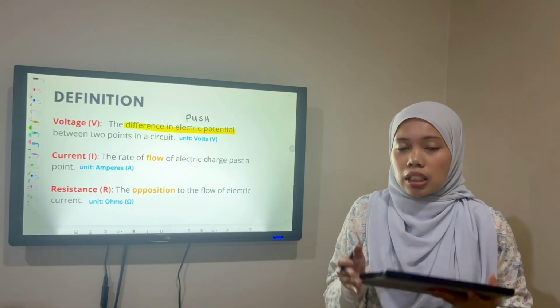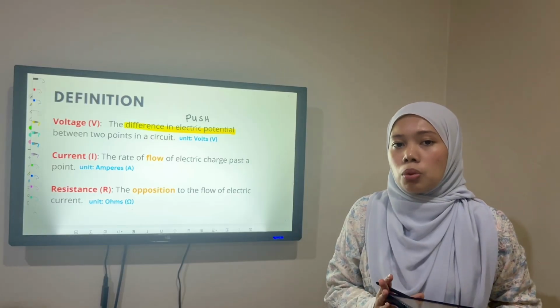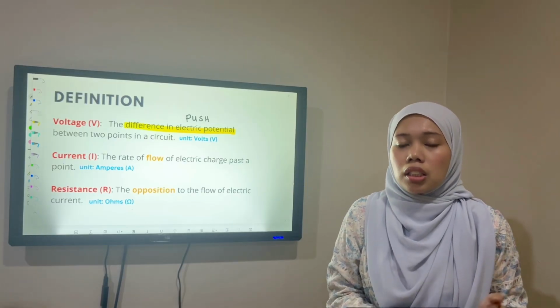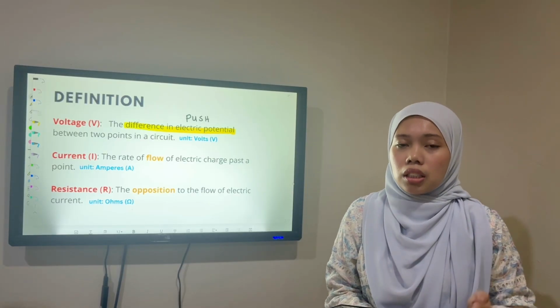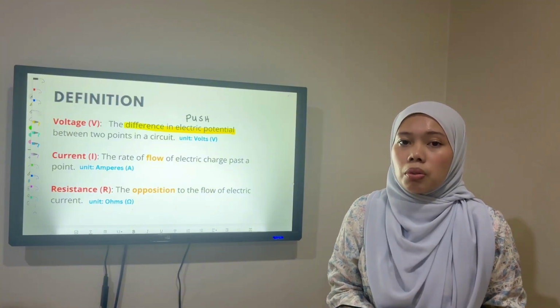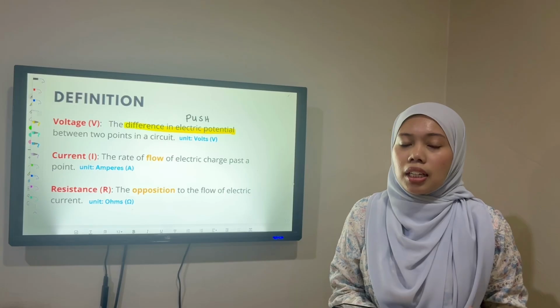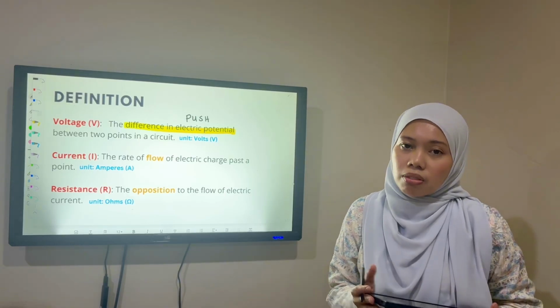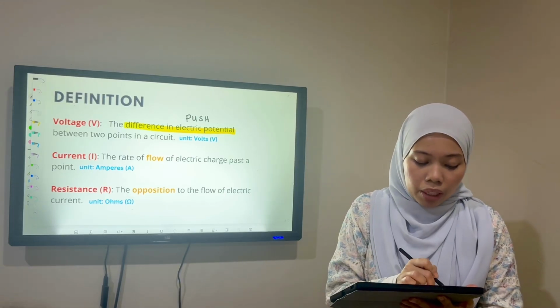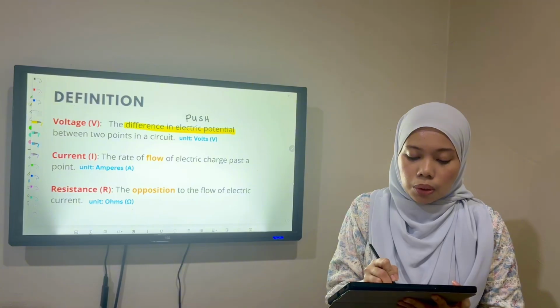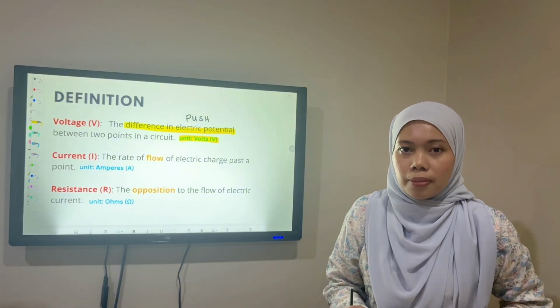It means that in an electric system, you have to push the charge because the charge does not move at all in the circuit. So for them to move, we need the push force that can be supplied by the voltage. This voltage can be measured in units of volts.